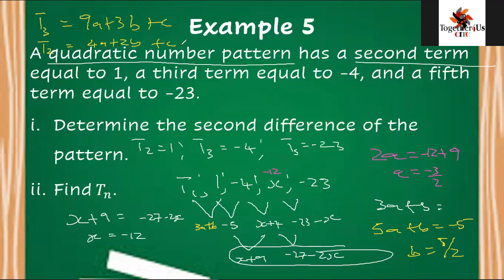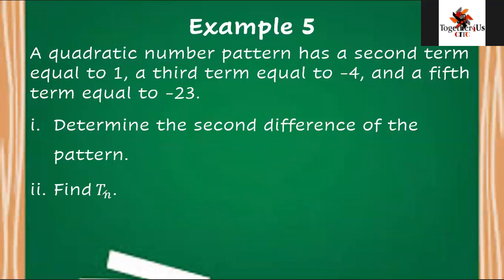It's 4a plus 2b plus c, and T2 is equal to 1. So you substitute a and b and you solve for c in that equation. I worked it out here for myself, and I needed to confirm first. c is 2.